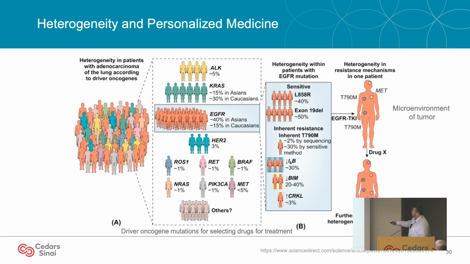And even within people that are sensitive to the drug treatment, you can dive further in, and now you might have to worry about the microenvironment of the tumor and the heterogeneity at that level, and how well all of the tumor cells are responding to the treatment. And then after treatment, you might further increase the heterogeneity of the tumor environment. So heterogeneity is a problem we worry about at all sorts of levels.